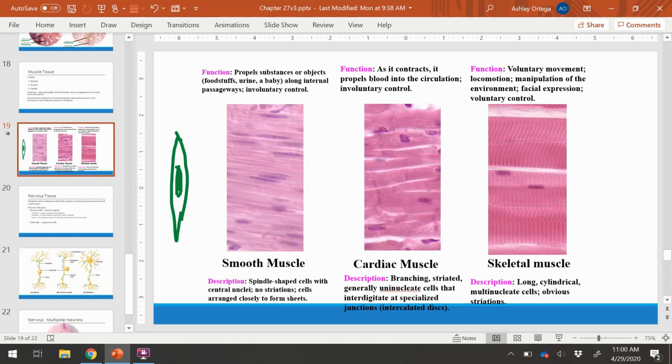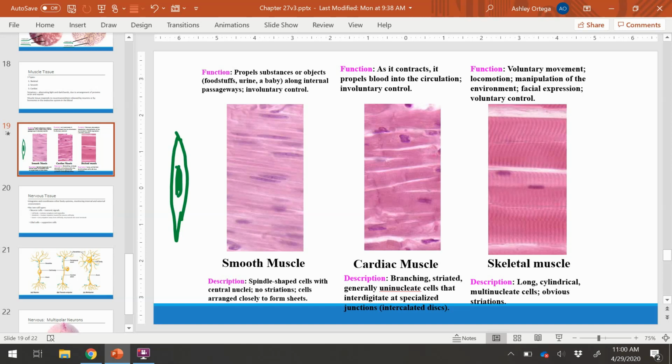So they have central nuclei, no striations. They're going to be one color, no lines. They are very closely arranged, very tightly packed to form dense sheets. This helps in moving substances or objects along internal passageways, and this is under involuntary control.